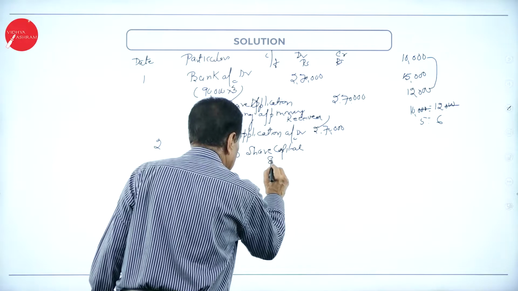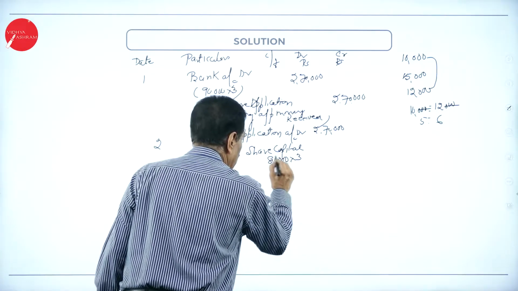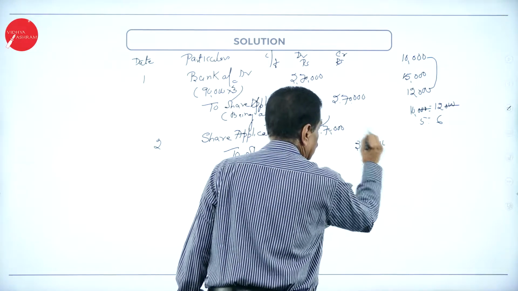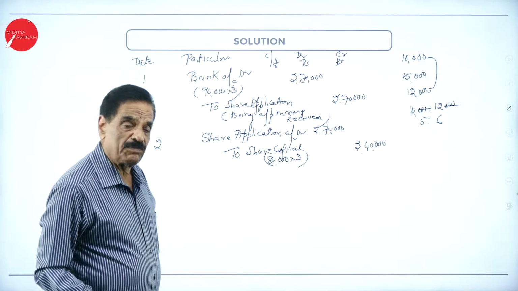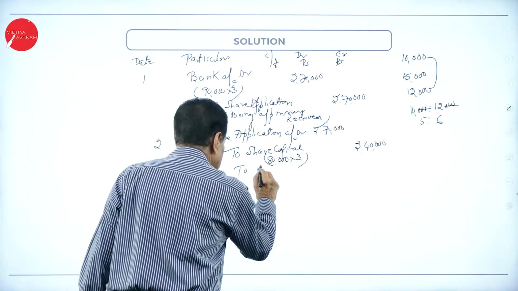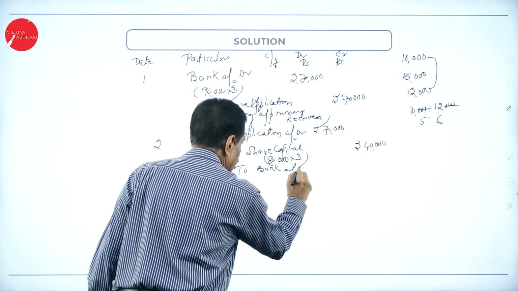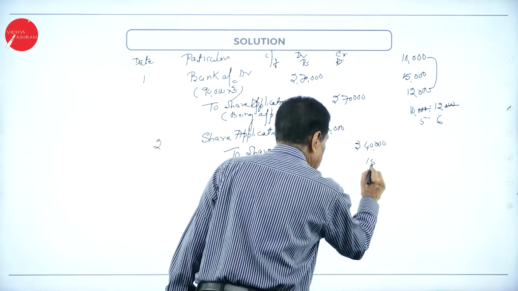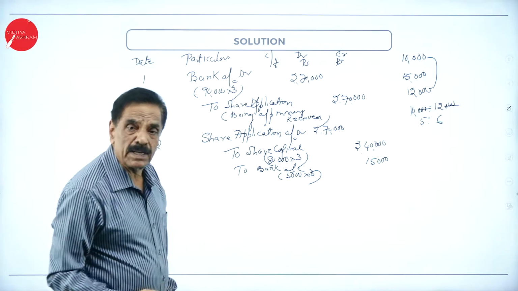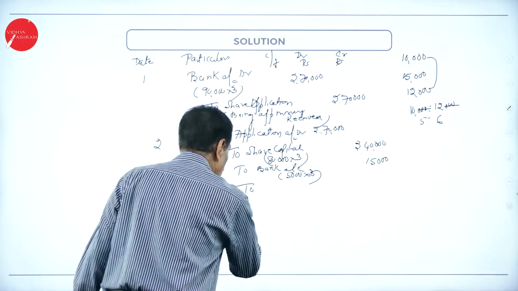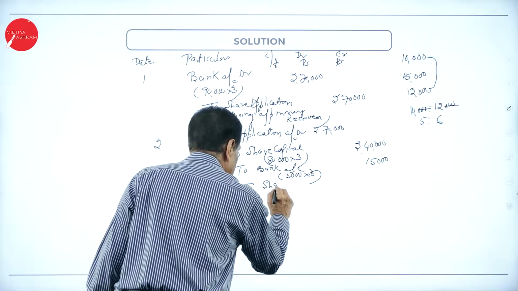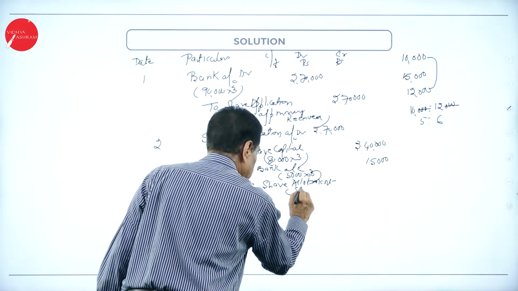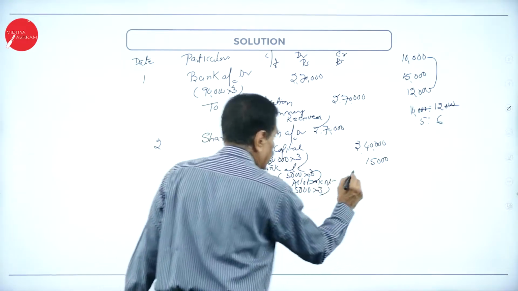So this is 80,000 into 3, 2,40,000. How many applications rejected? 5,000. To bank account, 5,000 into 3, 15,000. This is rejected, money refunded. The excess money adjusted to allotment, to share allotment, another 5,000 into 3, 15,000.